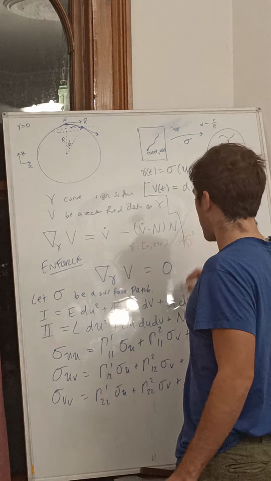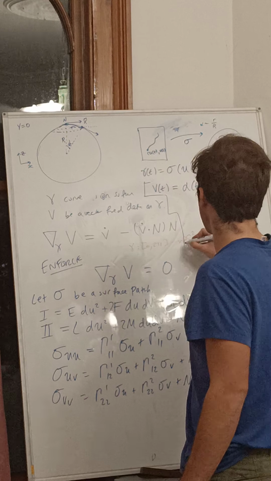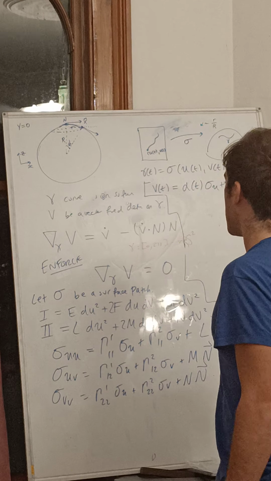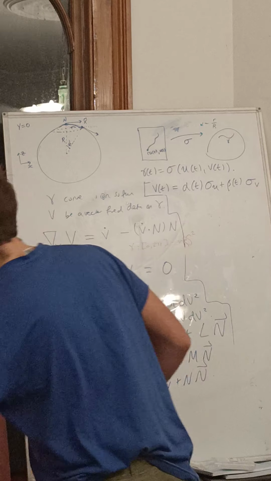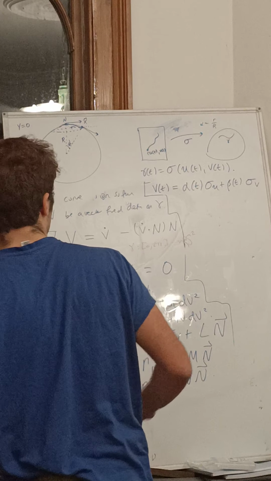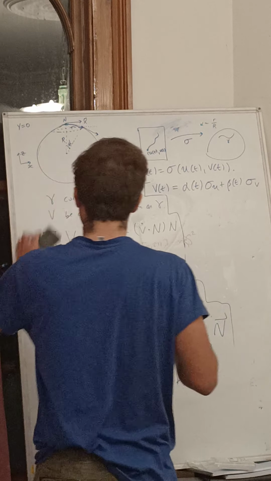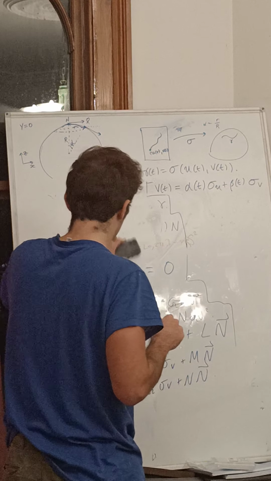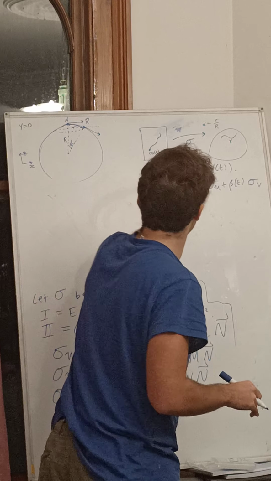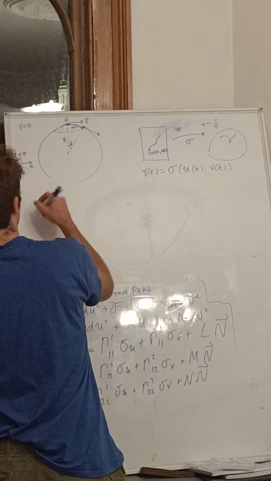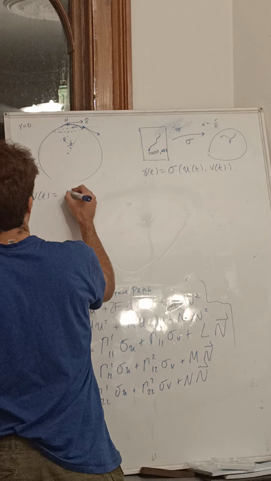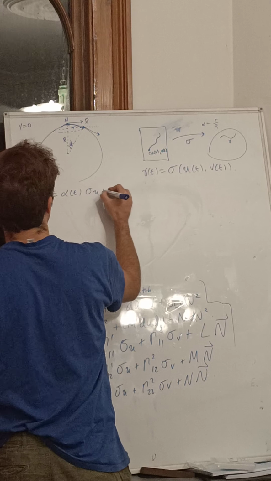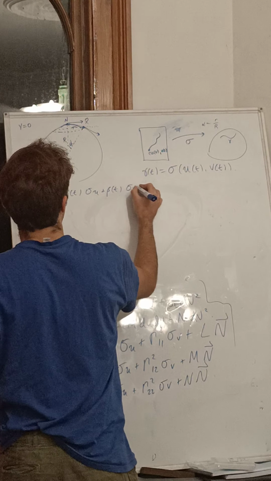So, I might have to clear some space to work further. I'm going to get rid of all of this. I'll keep this, work from here. So v of t is alpha of t sigma u plus beta of t sigma v.